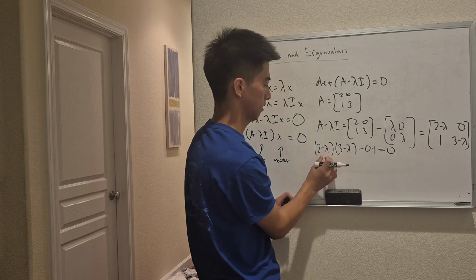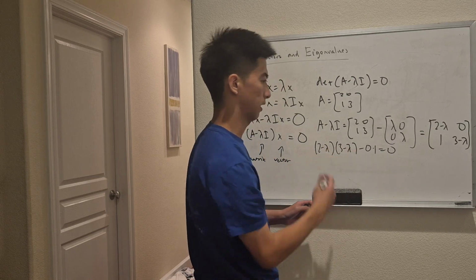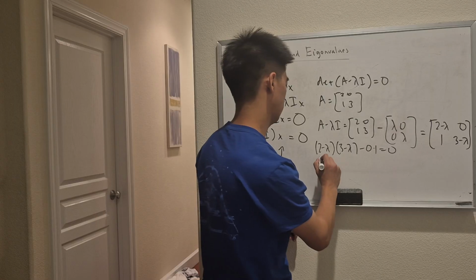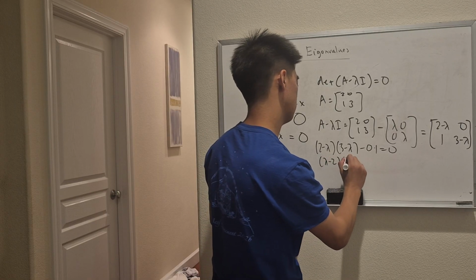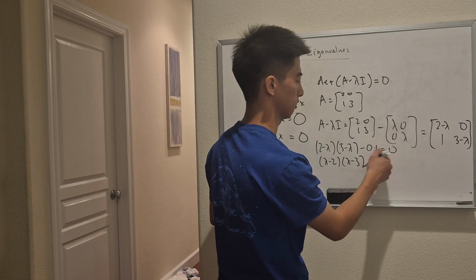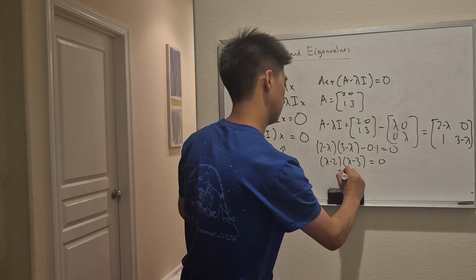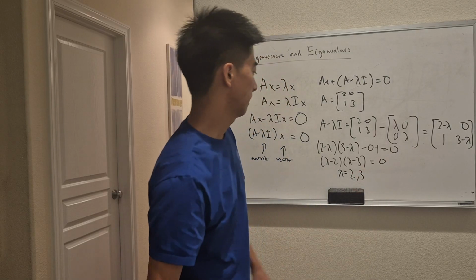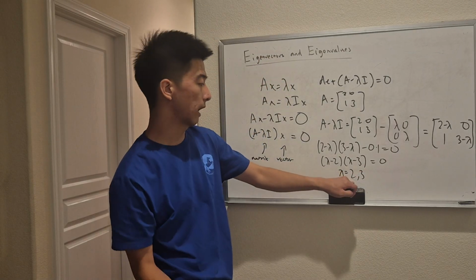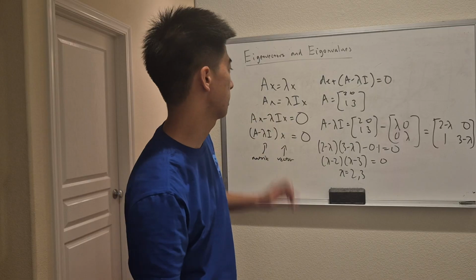I will just negate both of these, right? Because negative times negative gives you positive. Probably just easier to look at. Minus 0 equals 0, so this whole thing is equal to 0. So we see that in this case, lambda equals 2 or 3. That means our eigenvalues are 2 and 3 for this matrix.